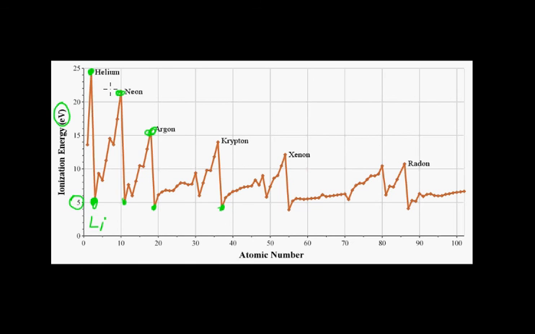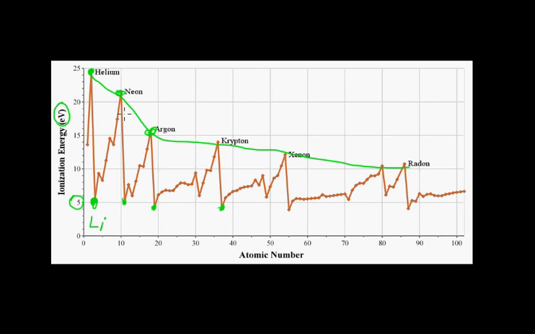And you remember the general trend from going to the top to the bottom of the periodic table? You can see it right here in the noble gas elements, going from helium all the way down to radon, because helium is at the top of the periodic table, therefore it has a higher ionization energy than radon down at the bottom of the periodic table.